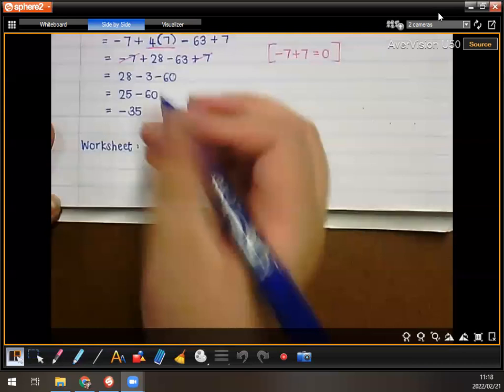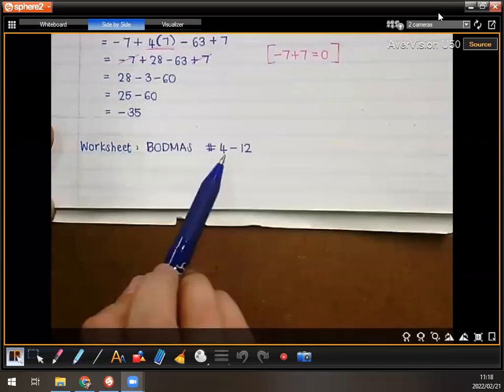But if I subtract 25, what's left? What do I still have to subtract? 35. So this, in the end, will give negative 35. So I can split up a big number into more manageable parts. There's no problem with that. It makes it better. Instead of thinking about 28 minus 63 at once, put it into 3 and 60. That makes it easier.